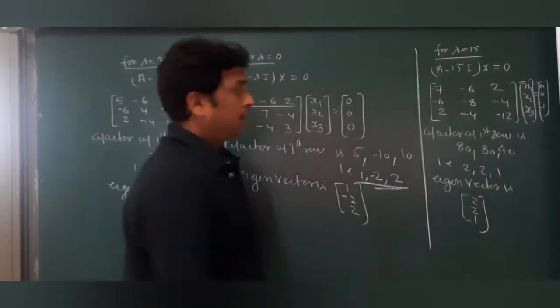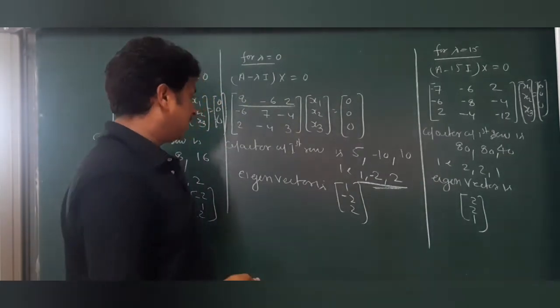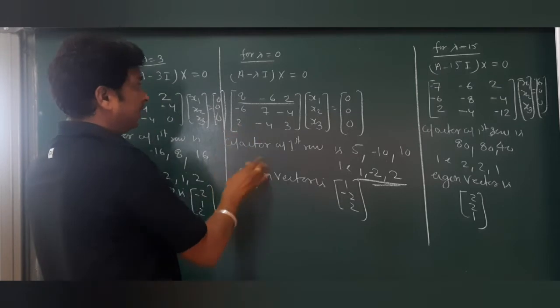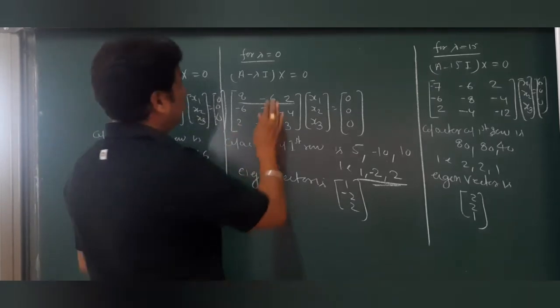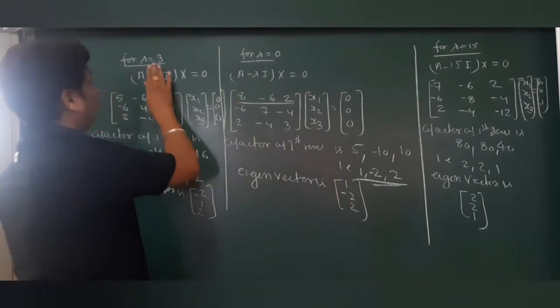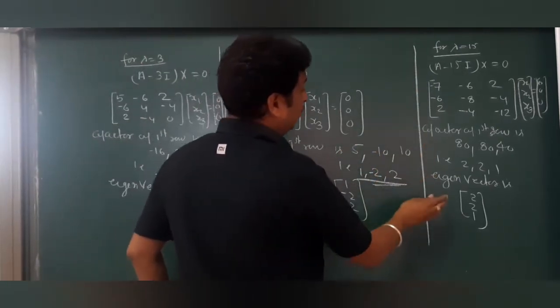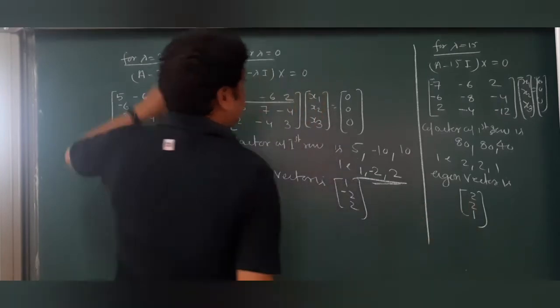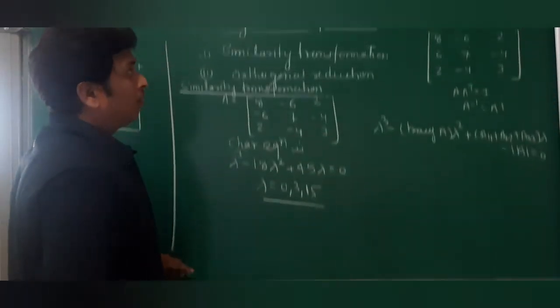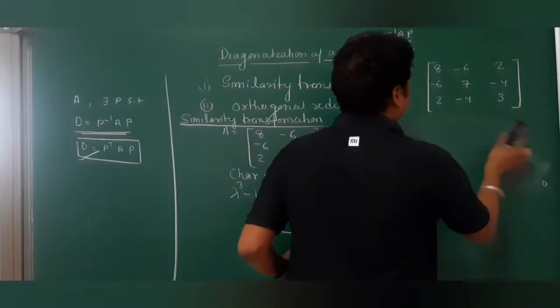So my friends, now we calculated eigenvector for all three eigenvalues. For 0, what is the eigenvector? 1 minus 2 2. For 3, what is the eigenvector? Minus 2 1 2. And for 15, what is the eigenvector? 2 2 1.